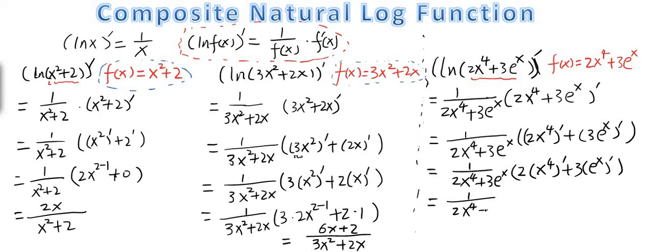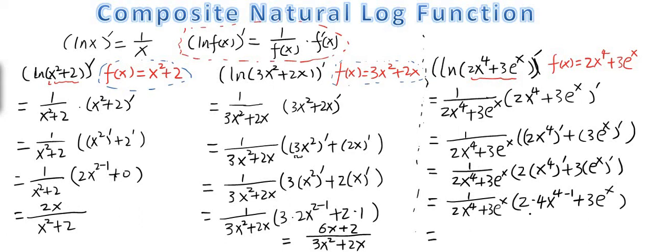For the derivative of x to the power 4, we can use the power rule, and the derivative of e to the power x is itself.